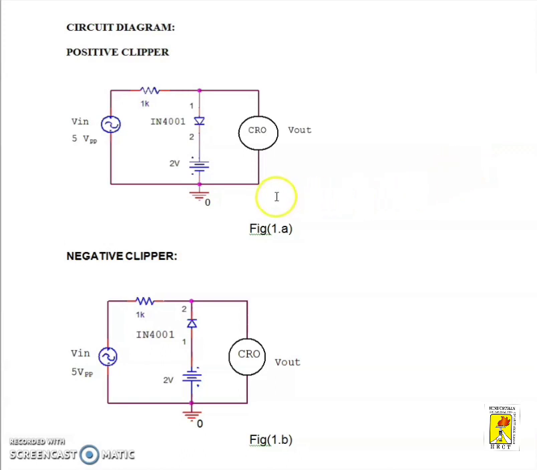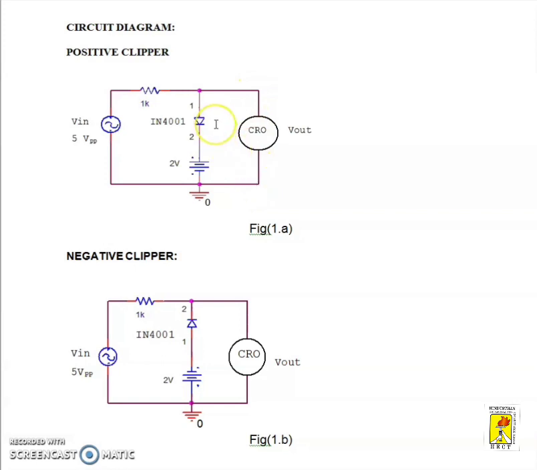During the positive half cycle of the input voltage, what happens? The diode is forward biased and conducting heavily, so the voltage across the diode is 0. We are measuring across this diode only.